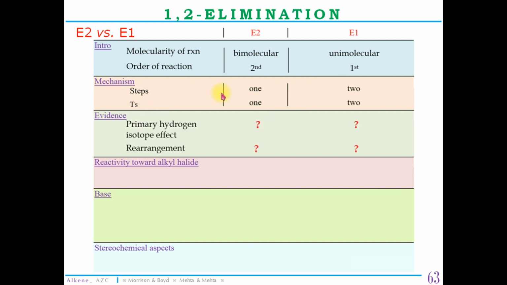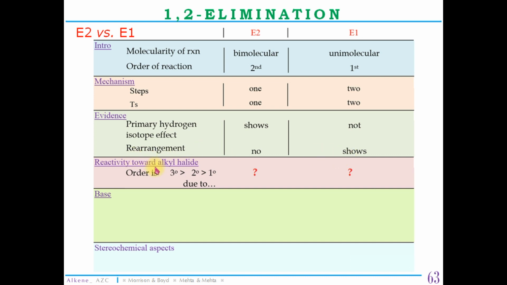In mechanism, E2 is a single step mechanism, E1 is a two step mechanism, and likewise if only one step, it has only one transition state in E2, while in E1 it has two transition states. In evidence, E2 shows a primary hydrogen isotope effect, while E1 shows rearrangement.